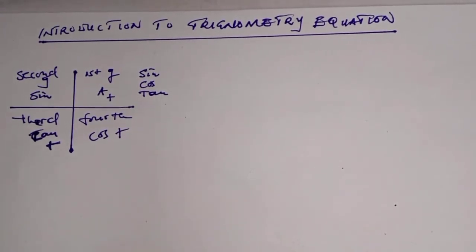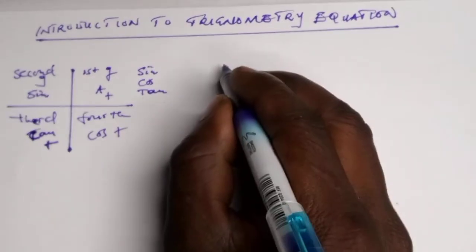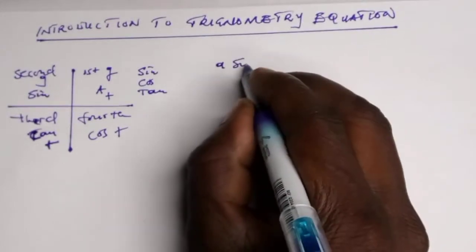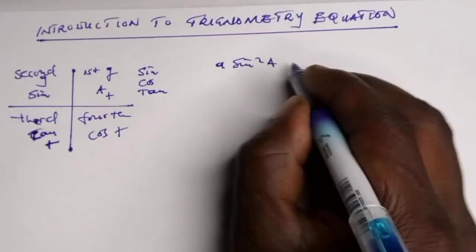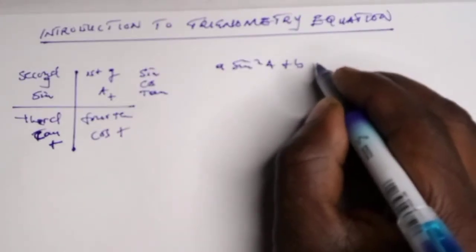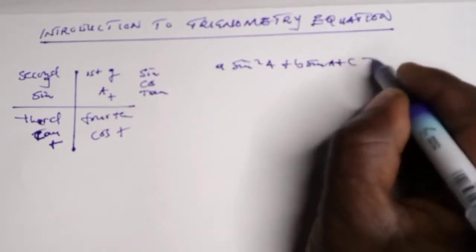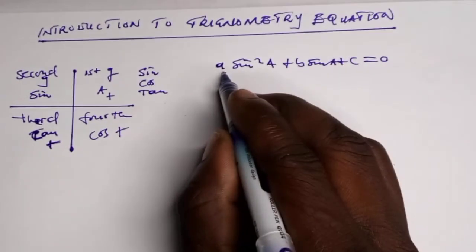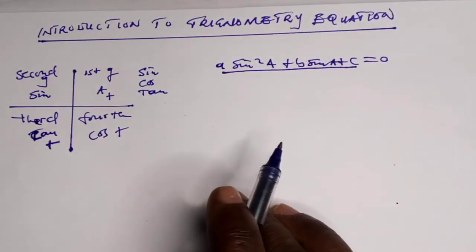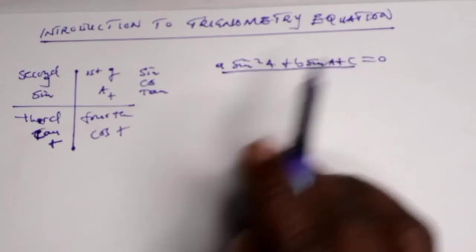So there are some equations which you should follow. We have a sine squared A plus b sine A plus c equals 0, because this is a kind of quadratic equation. As you can see, we have a, b, and c.